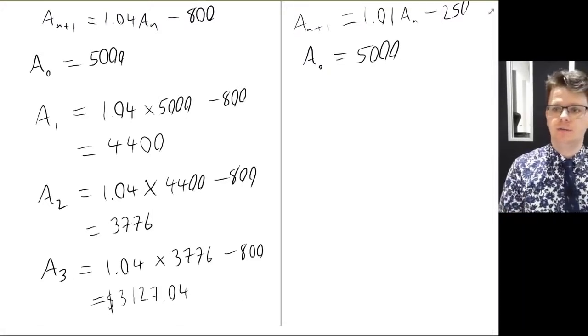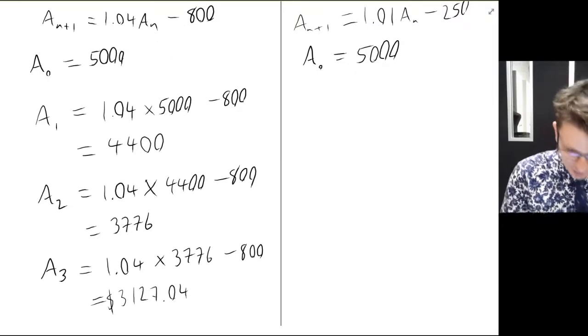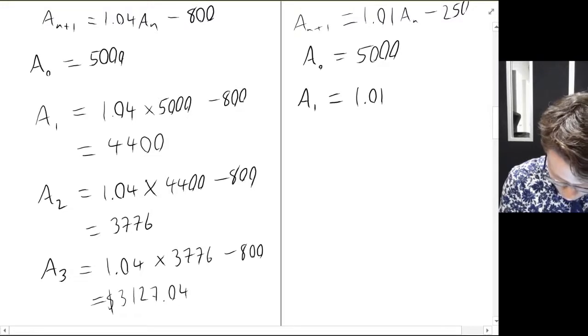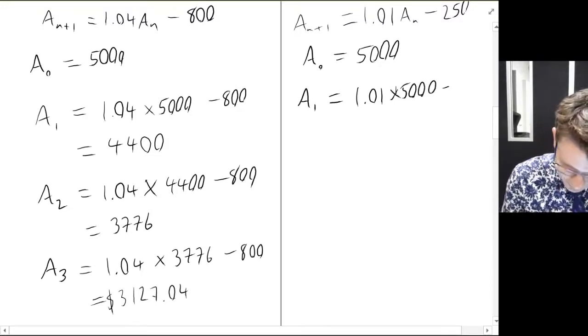So hopefully you can have a go at yours and see how much yours is going to be worth in 3 months. Alrighty, well, let's have a look. A1 is equal to 1.01 times 5,000 minus 250.